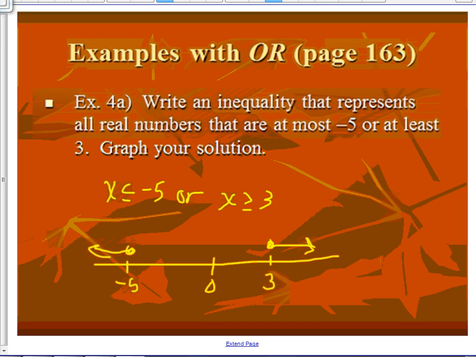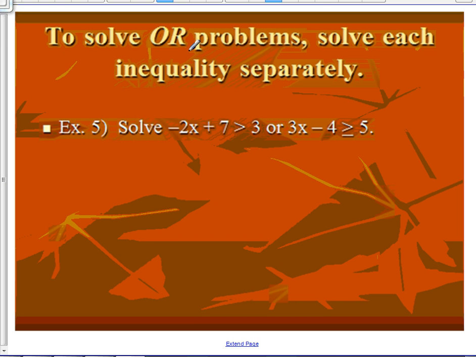Okay? All right, you can also do these with solving. So you would need to solve each inequality separately. So we have -2x plus 7 is greater than 3, or 3x minus 4 is greater than or equal to 5. I'm just going to go through and solve these. I'm going to subtract 7 from both sides.